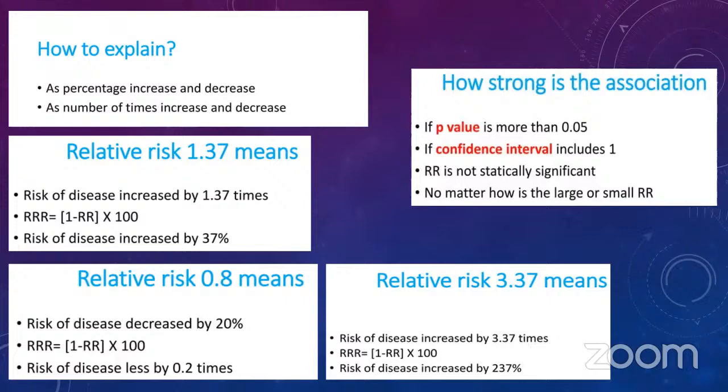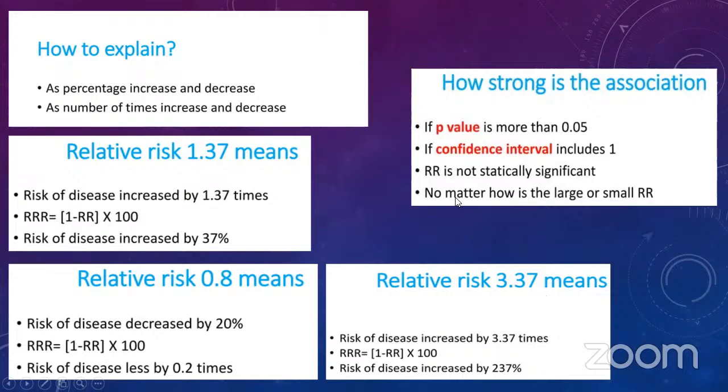So even if a study showed the relative risk of smoking with cancer is like 3.37, but the p-value is not significant, it still would not be considered significant. That is, the relative risk would not be considered significant.